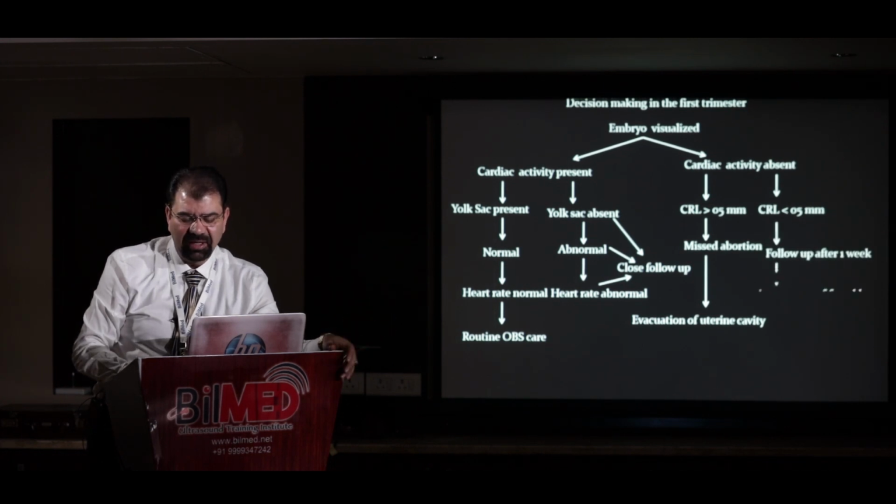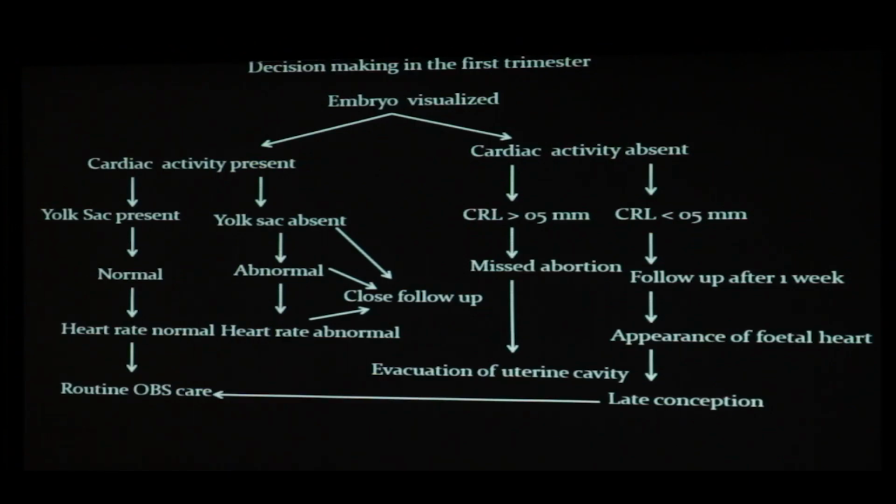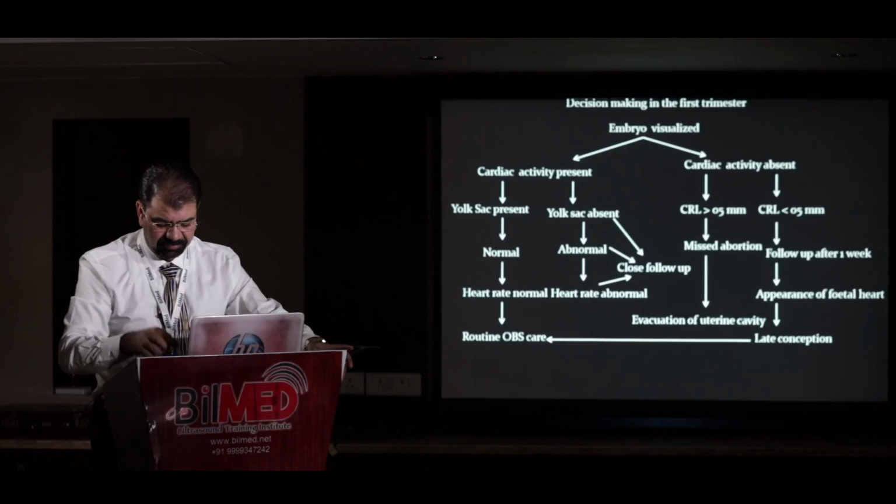Because maybe there is some benefit of doubt for these late conceptions. So this is the way you have to make a decision in a very early pregnancy, first trimester scan. So this is the way you have to think and shake these neurons before taking any decision. You can pause the video at this point of time to draw this decision making diagram.